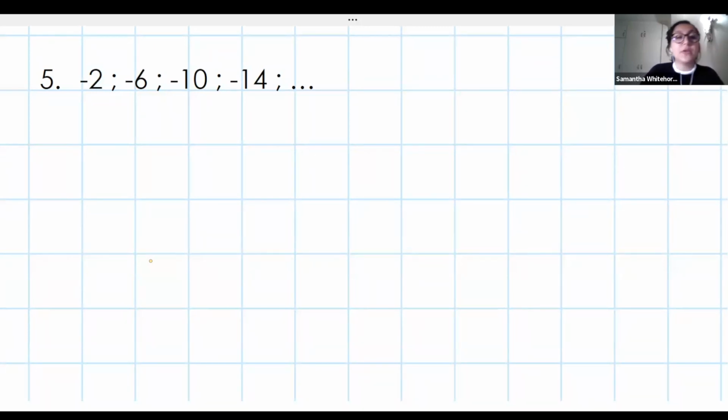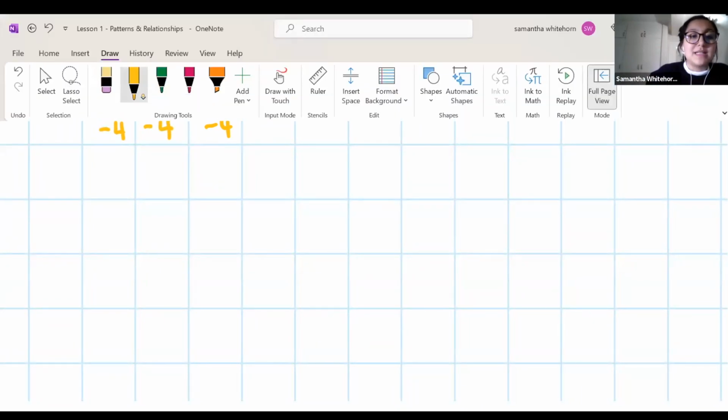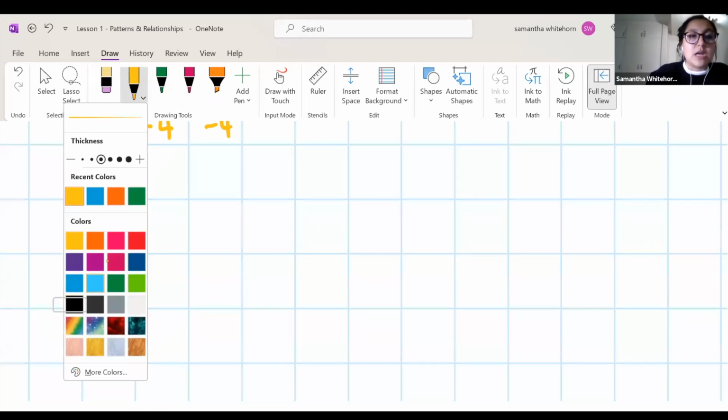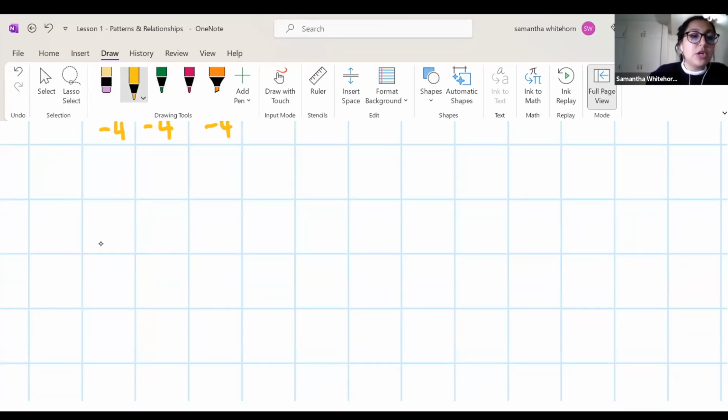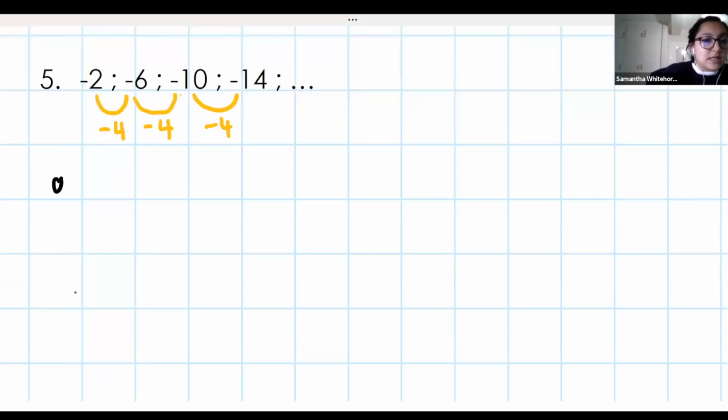What am I doing? So we can see that if we subtract 4 each time, I'm getting from one output to the next. -2 minus 4, -6, -6 minus 4, -10, -10 minus 4, -14, etc., etc. Once you know what the pattern is, it becomes a whole lot easier to answer any questions that I might ask you. So my first question to you is nice and easy.